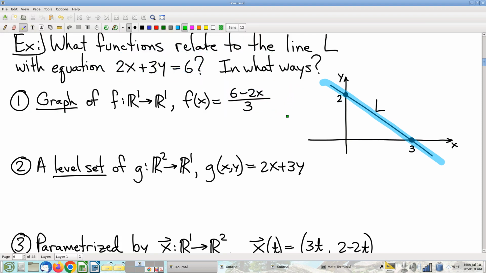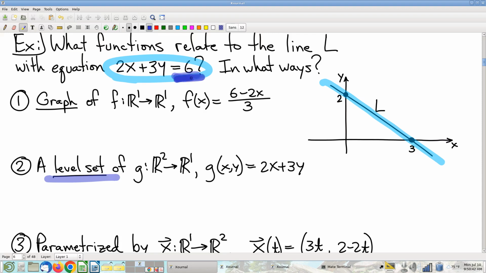Okay, same line now. Let's talk about this same line. Is this line a level set of something? And how would I identify what function it is for which this is a level set? This is actually a much easier question. I don't even have to solve for anything. I can see right here in the existing algebra that I'm looking at a level set.